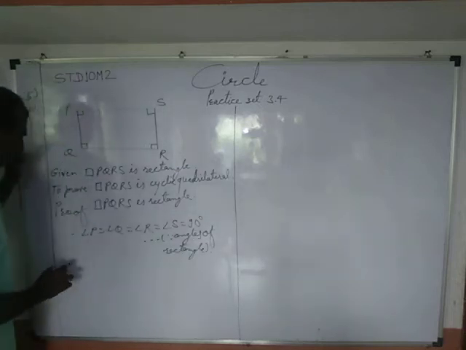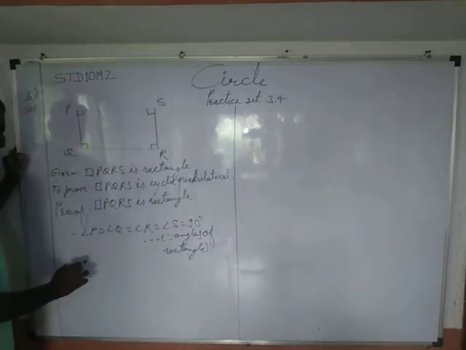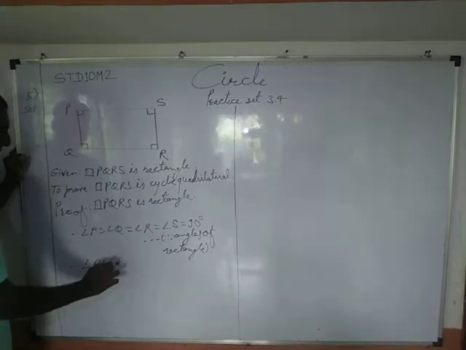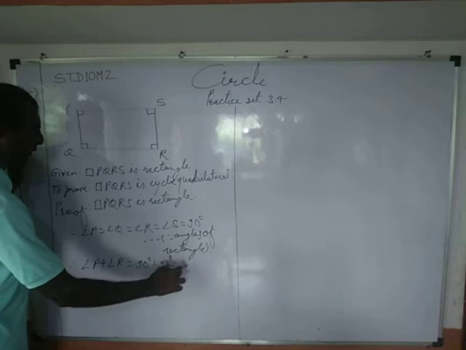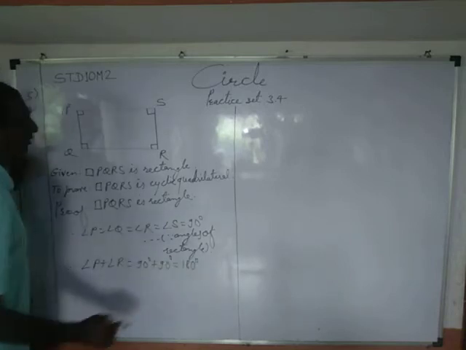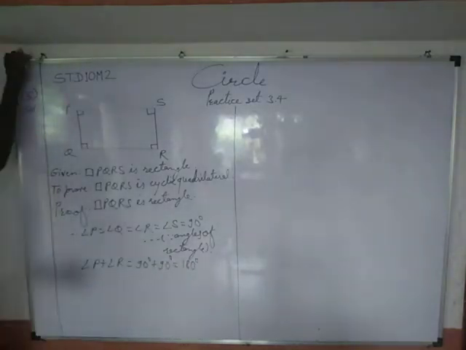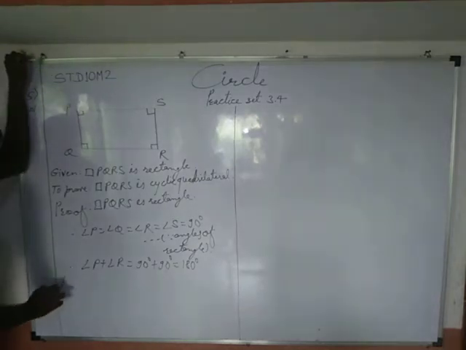And therefore angle P plus angle R equals 90 degrees plus 90 degrees equals 180 degrees.